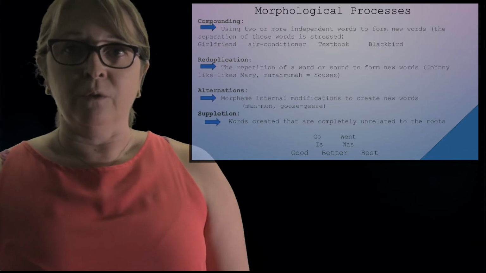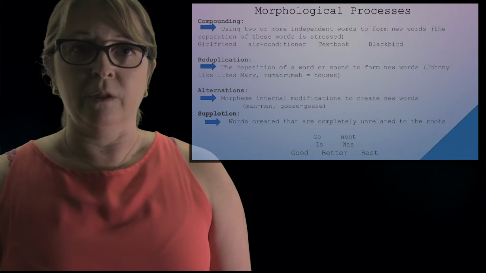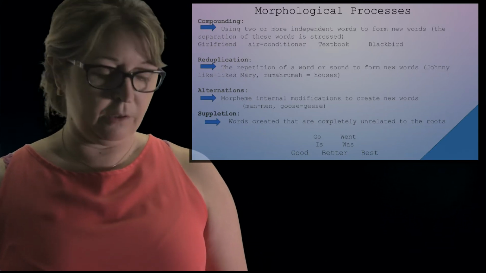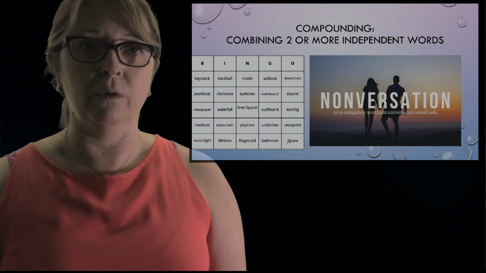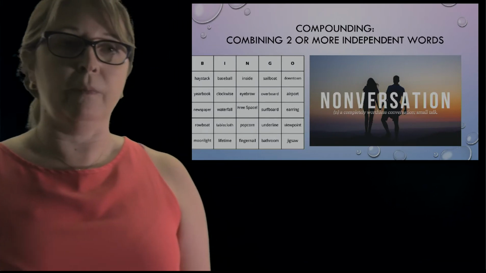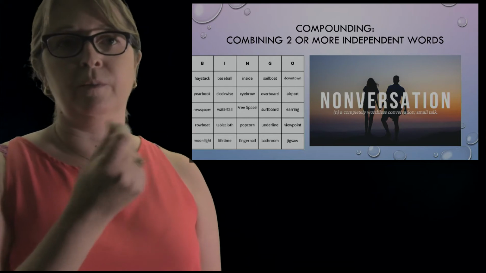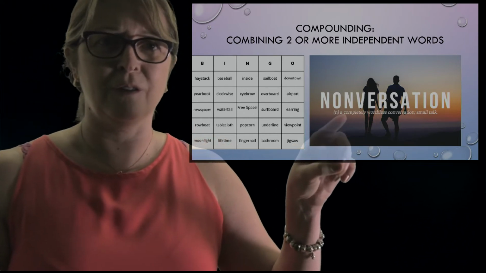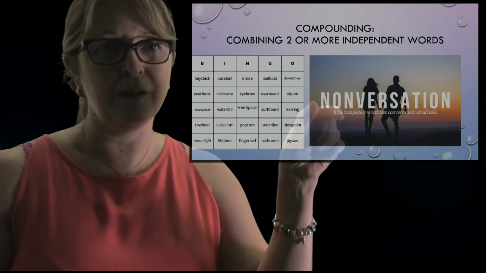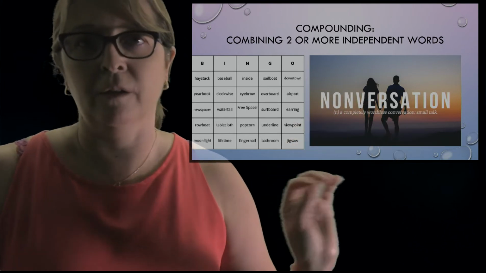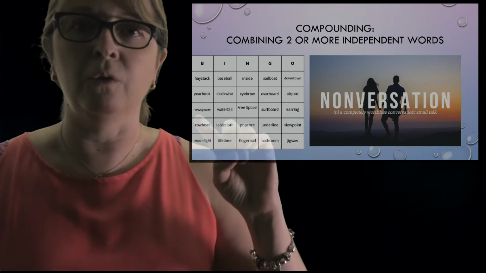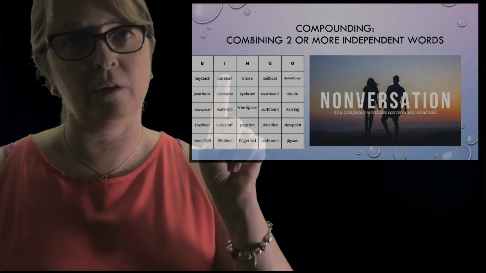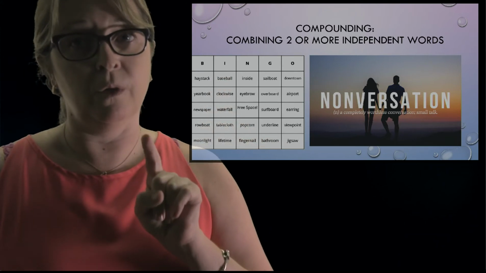So, morphological processes: we have compounding, reduplication, alternation, and suppletion. So let's look at that a little bit more in depth. Compounding, you're combining 2 or more independent words. I would say non-versation is not really independent, but I liked it anyway. Newspaper, you have the word news and paper, but when you put it together, that's actually one word with one meaning, right?